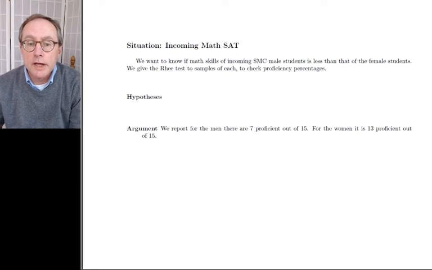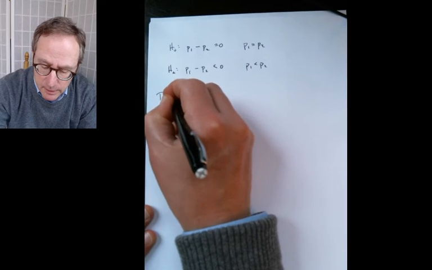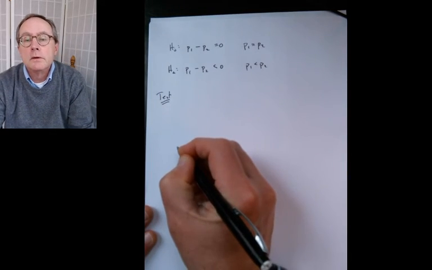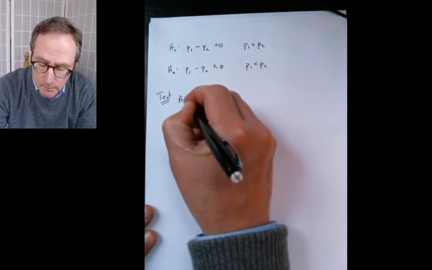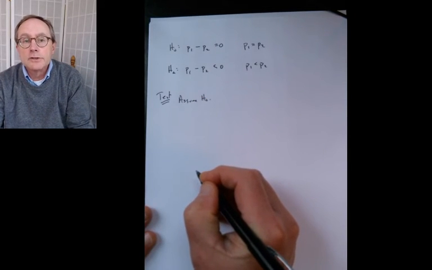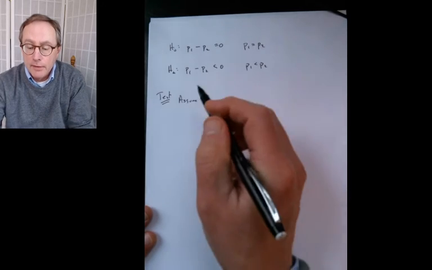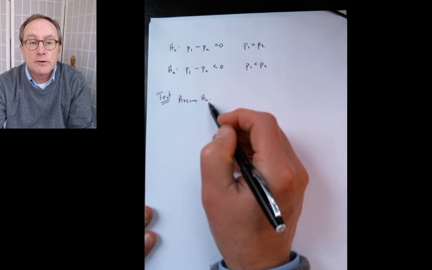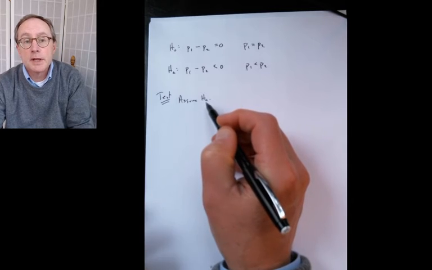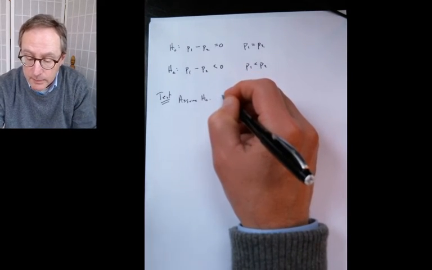Okay, so we've got to do the test. The test always goes the same way. You assume H naught. And then you ask yourself, is the sample that I got so far out there that it's hard to believe H naught could be right, or is the sample that I got perfectly everyday? So I need to know what the samples look like.